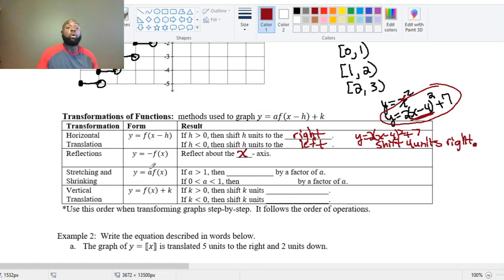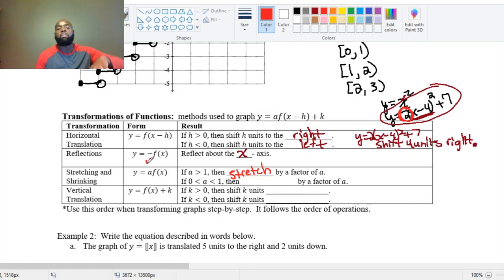When there's a number multiplied on the outside of a function, like this 2 in this example here, multiplication of a number actually either stretches that function or it shrinks it, all right? And this is all vertically because it's done to the outside of the function, right? So it's going to stretch it if a is greater than 1. So we're going to stretch by a factor of a. And if a is a fraction, now we already know what happens to the negative, right?